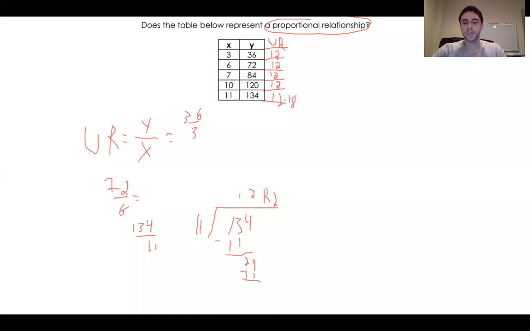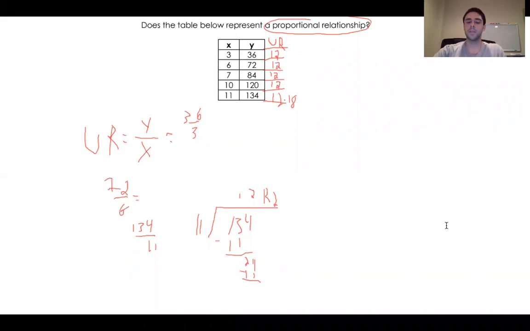So is this table proportional? Why? Right, I would say no. Why is this table not proportional?